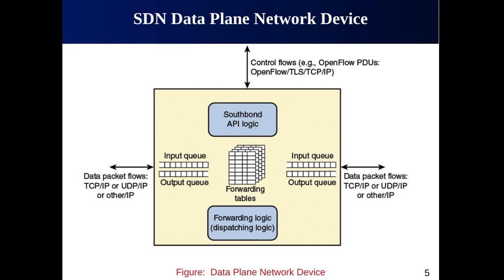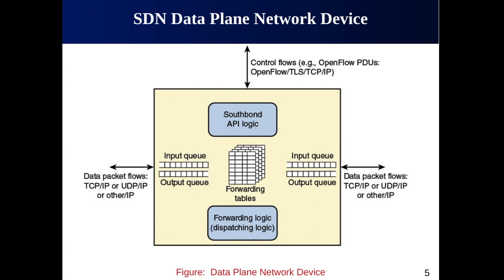Actually, this figure illustrates the different functions that are performed by the network devices operating at the data plane layer. Okay, and these networking devices are commonly referred to as switches, or even you can refer to them as network elements. So they are either network elements or network switches or SDN network devices.